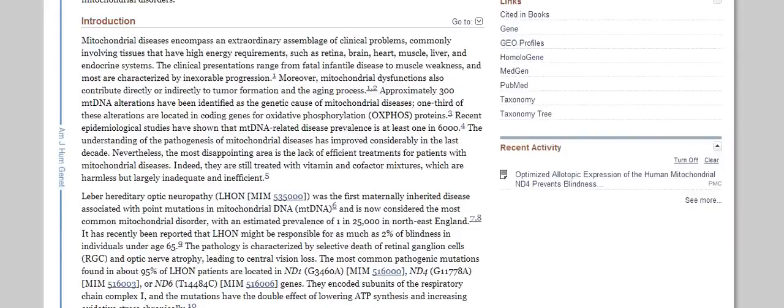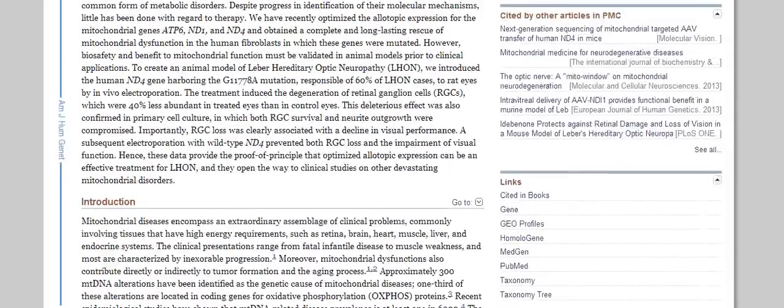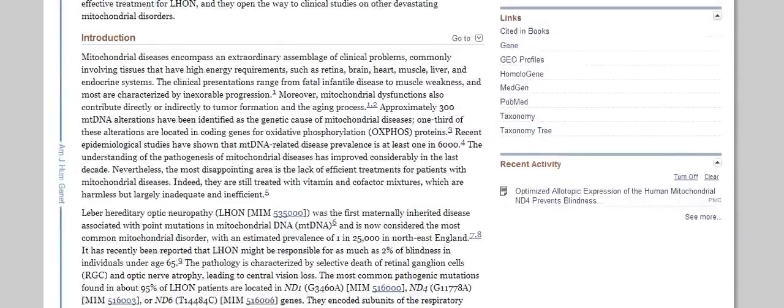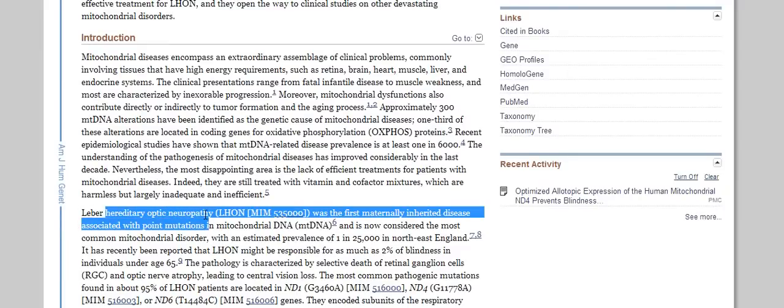But basically what they did is they gave these rats this mutation where they couldn't produce ND4. Leber hereditary optic neuropathy. Basically what it causes is blindness.